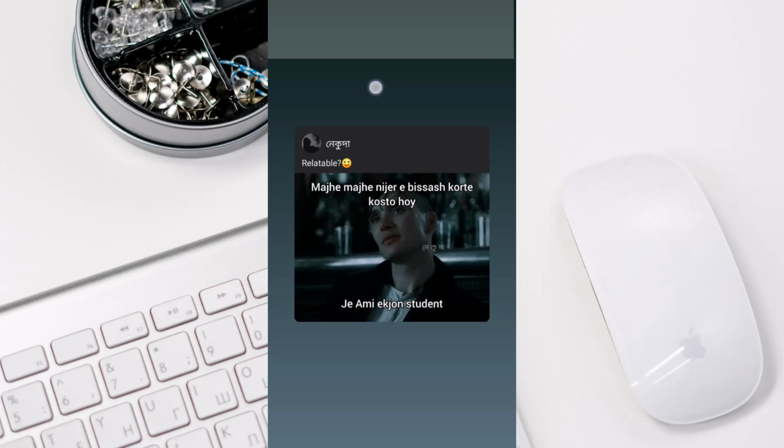Suppose the number is 2. Mention that there are 2 people who have viewed my story but are not my friends. Sometimes Facebook allows you to know the person's details or account name who viewed the story but is not a friend. And yeah, that's it. Sometimes they will not allow it.